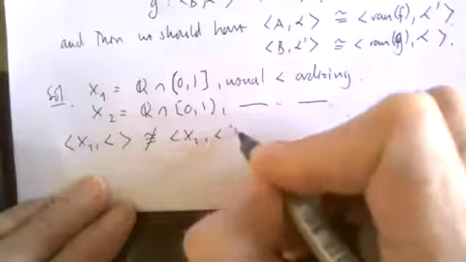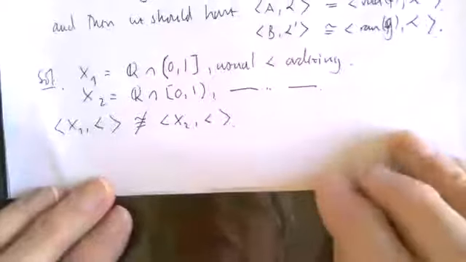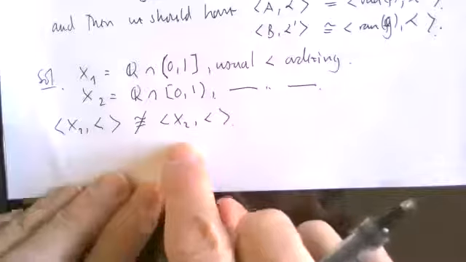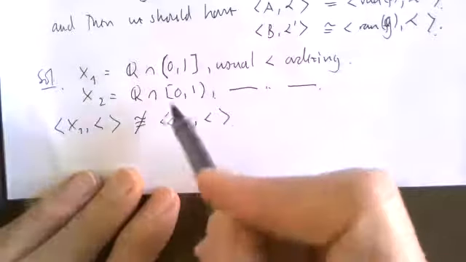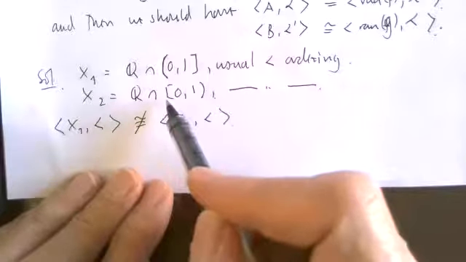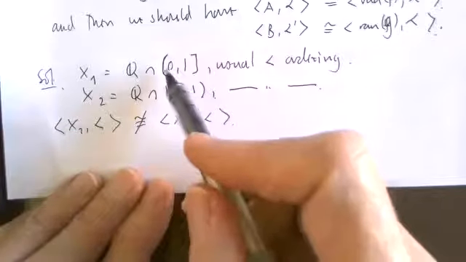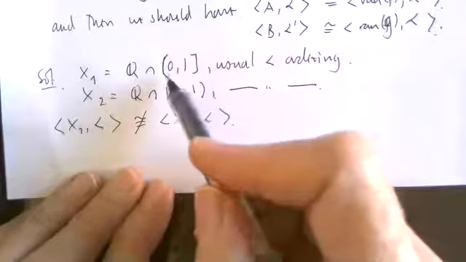Now, X1 with less than is not isomorphic to X2 with less than. And you might say, how do I show that? Well, to show that two things are not isomorphic, you need some feature which means you can't map one onto the other. X2 has a first element, 0. So there's no way I can map X2 bijectively to X1, because X1 simply doesn't have a first element.